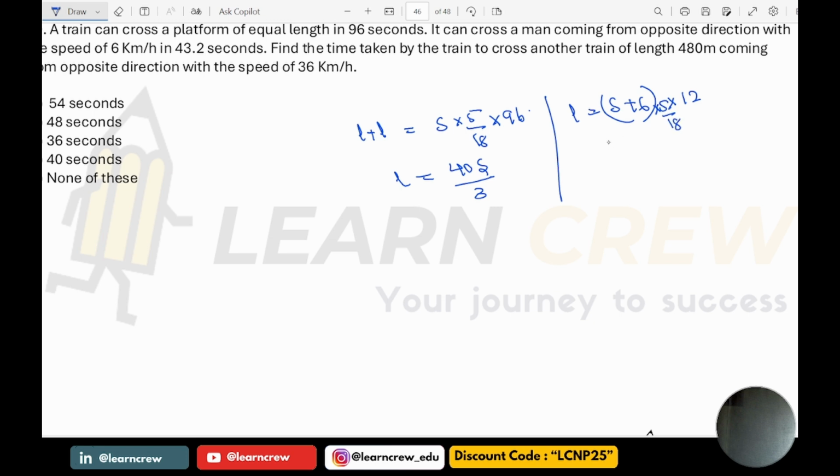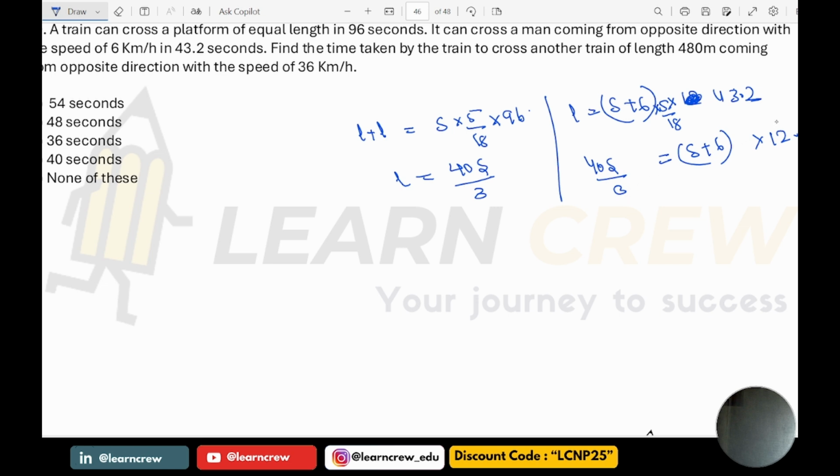The time is not 12, it is 43.2. So from this, if you simplify, L is already 40S by 3, which is equal to S plus 6 into 5 by 18 into 43.2.